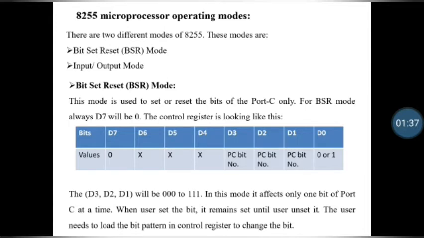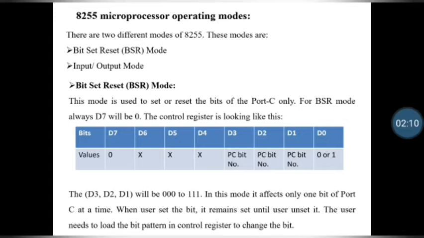So for BSR mode, the bit format is given in the diagram. There are 8 bits present in the bit format of BSR mode, from D0 to D7. D0 is the LSB and D7 is the MSB, and D7 indicates the mode used by the device.